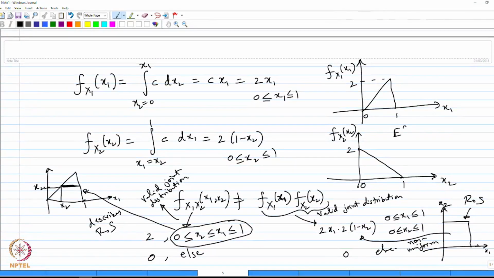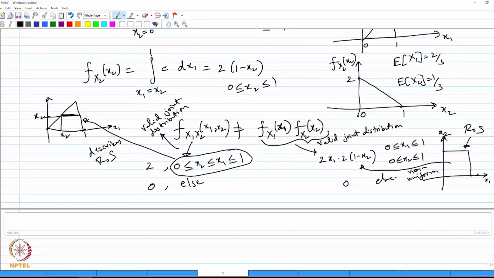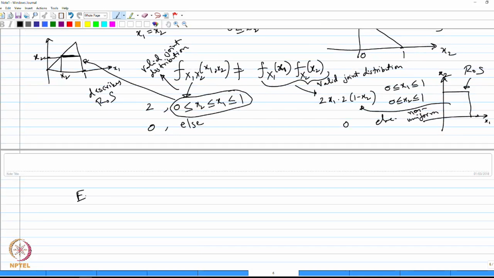We see here the expected value of x1 will be 2 by 3, and you can imagine the expected value of x2 will end up being 1 by 3. Now calculate the expected value of x1 x2 for the two joint distributions: the one that is uniform in the triangle, and the product f_{x1}(x1) times f_{x2}(x2).